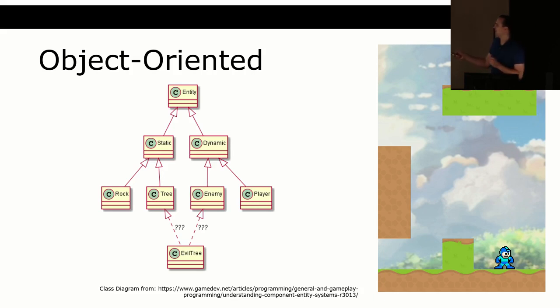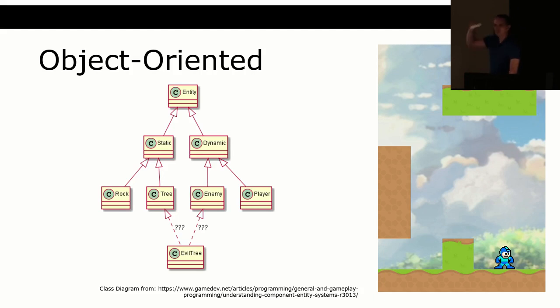So we've identified a new level of hierarchy in our object-oriented design where we split our entities again. Then when it comes to static things, maybe we have a rock class that inherits from a static entity, or a tree. Over here in dynamic entity, maybe we have an enemy, like a Goomba walking around a Mario level, or the player moving around.